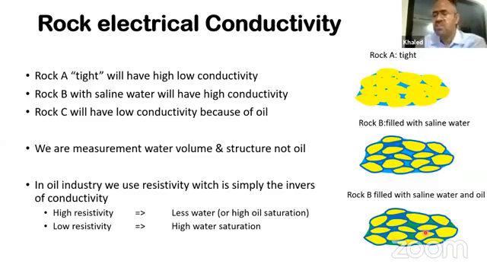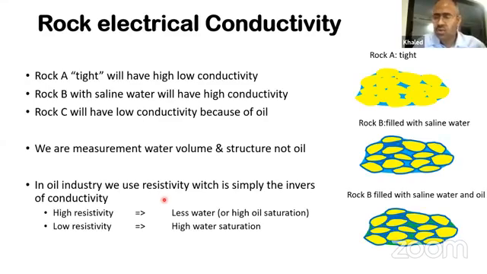The electrical measurement measures how much water there is and how it is structured and connected together. That's why when we do our interpretation, we call it water saturation, because we see the volume of water. We don't see the oil, we don't see the tight reservoir. A tight reservoir will have a very high resistivity, very low conductivity, and an oil reservoir also will have a low conductivity.